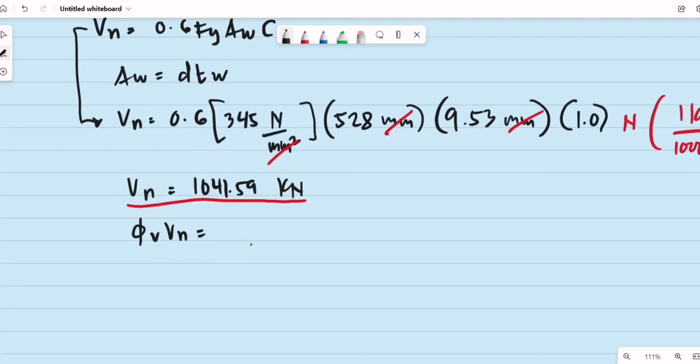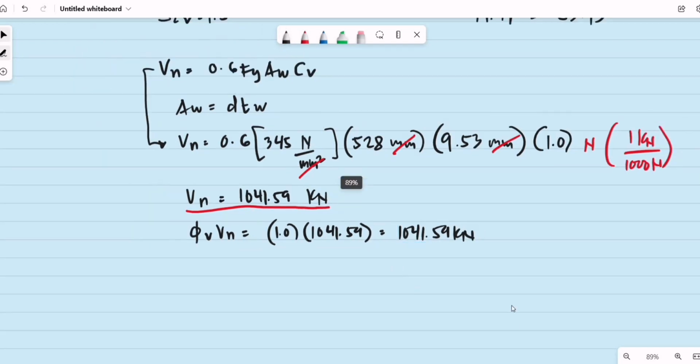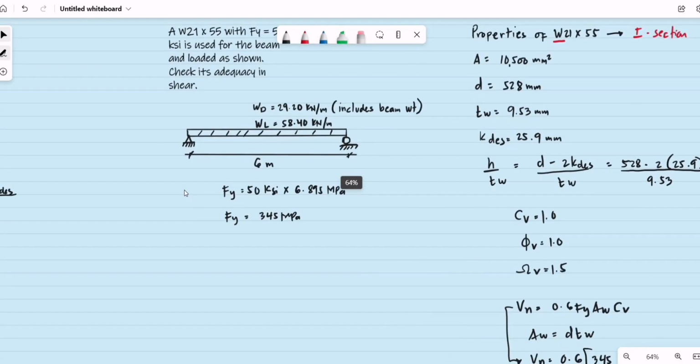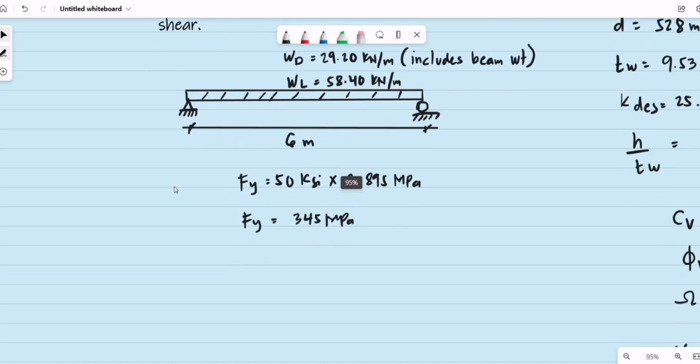So we are just multiplying 1.0 by 1041.59, which is simply the same value, 1041.59 kilonewtons.